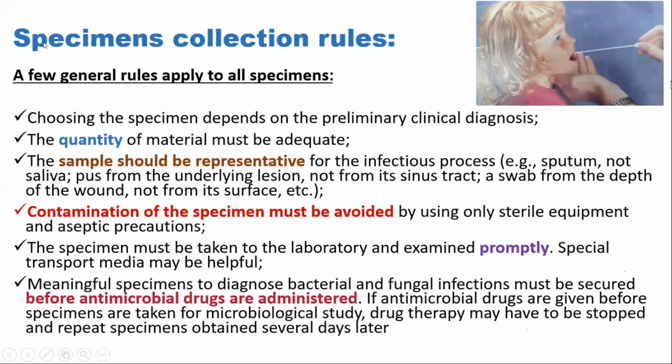You should employ sterile equipment, use aseptic precautions, and of course, you should treat the surface of the skin, for example, before puncture of a wound, because otherwise it becomes contaminated with normal flora staphylococcus, and you will see them.